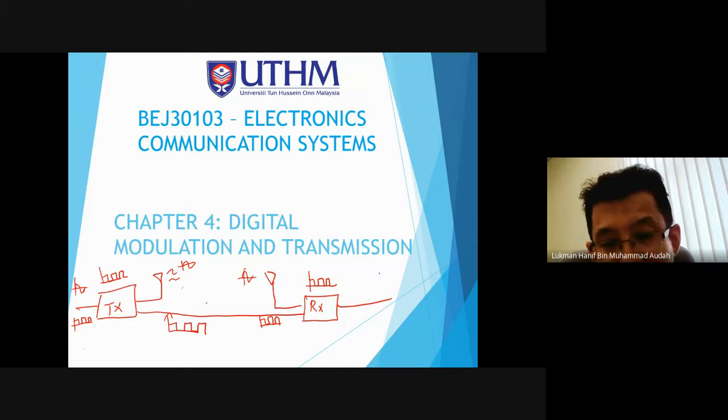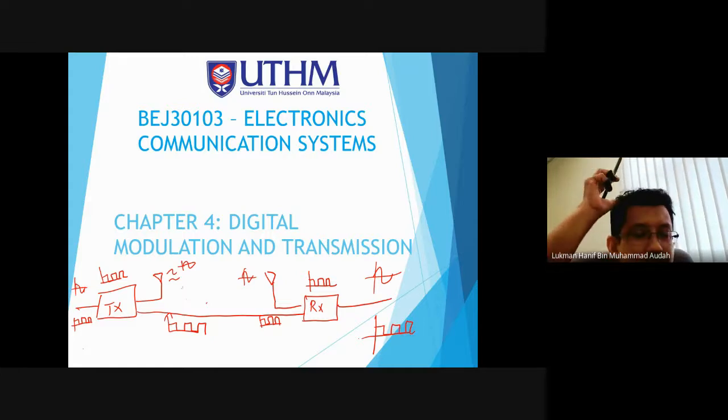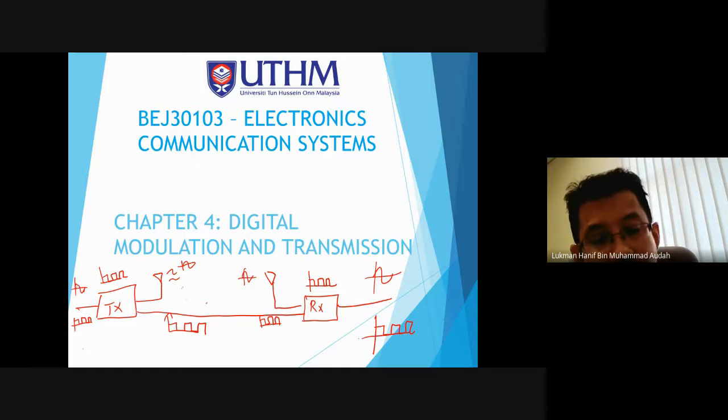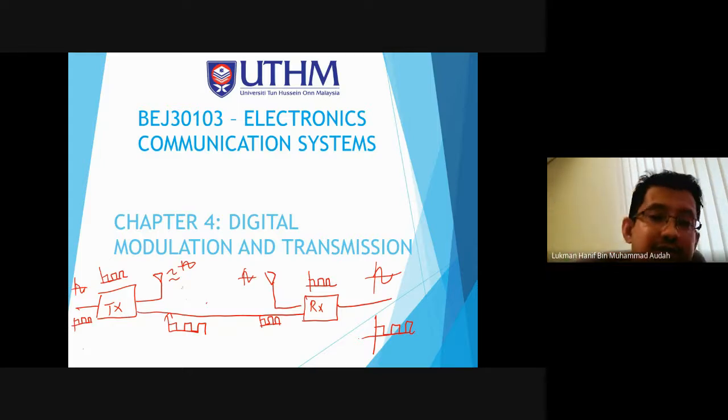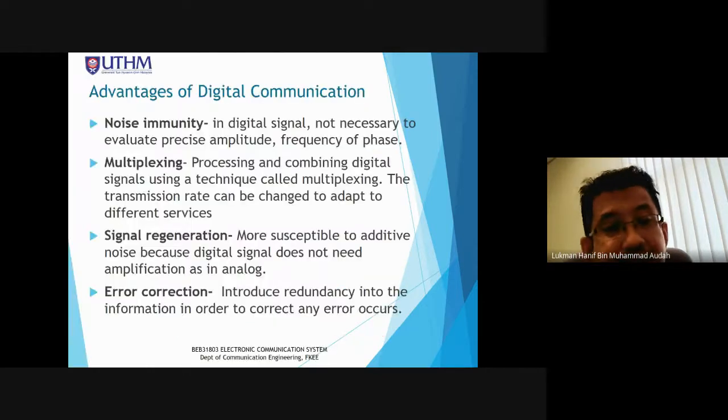Okay, we have the flexibility to produce either analog output or we can produce digital output. Nah, nampak dia punya flexibility dia. So we can control, we have the flexibility in terms of processing. That's a good thing. That's the beauty of the digital system. Okay, salah antara dia punya kehebatan atau kebaikan dalam digital system.